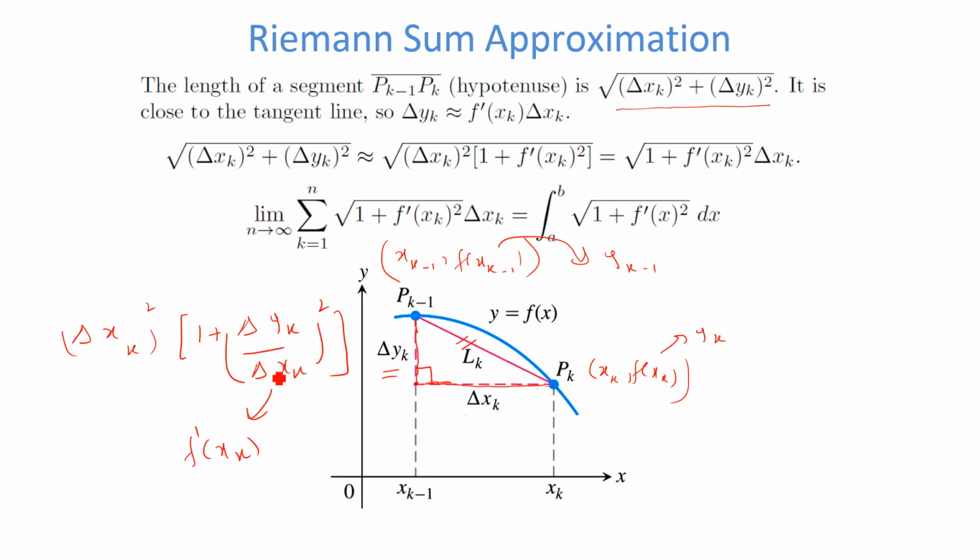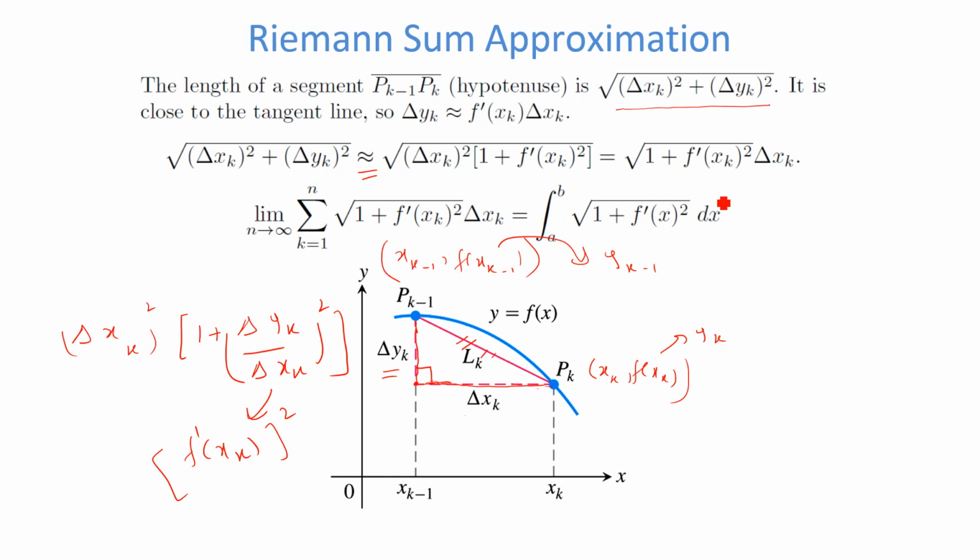In the limiting case, this is equal to f prime x_k, but otherwise it is approximate. That is why you can see the sign of approximation here. Square root of delta x_k squared is delta x_k. So this is equal to square root of 1 plus f prime x_k squared, times delta x_k. Now this is the length of one segment.